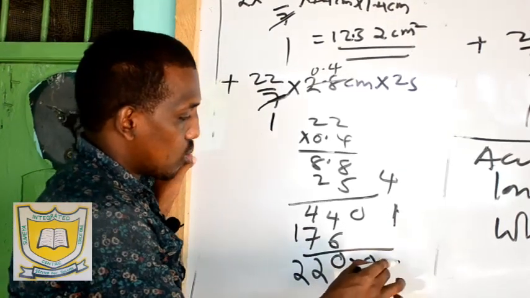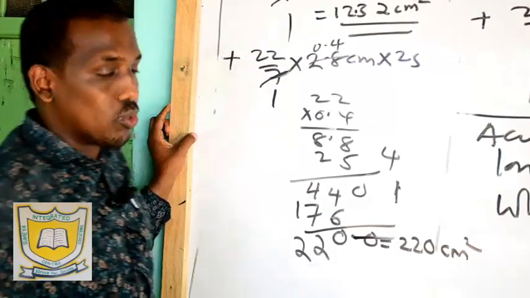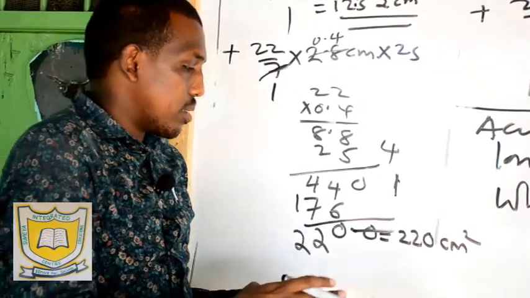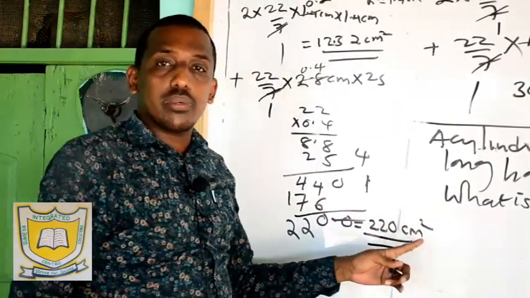So this one will go with a decimal. The decimal and the 0 will go together, so we will get 220 centimeter squared.